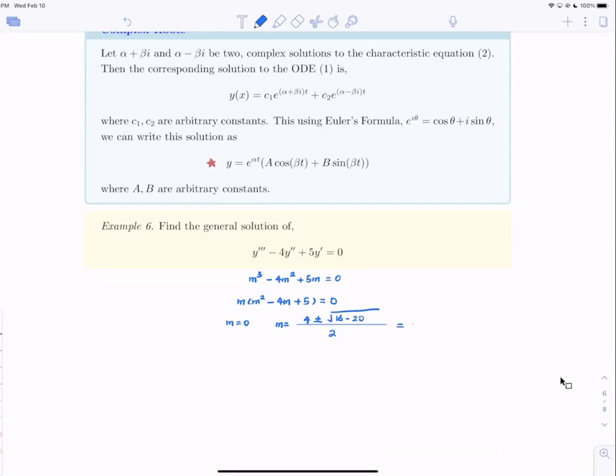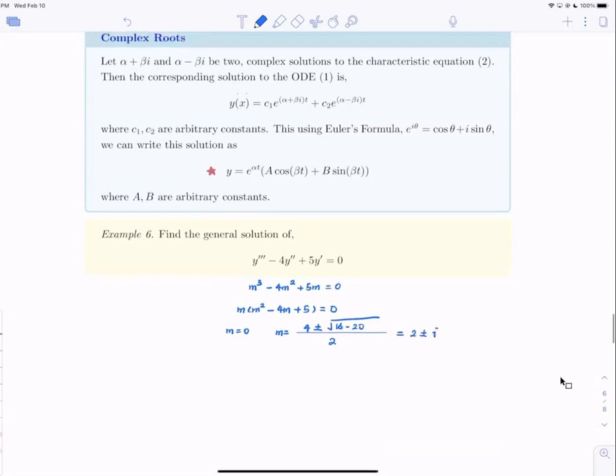That's going to be 2 plus or minus i. When we reach here, you should find what is your alpha and what is your beta. So your 2 is your alpha, and the coefficient of i, which is 1, is your beta.